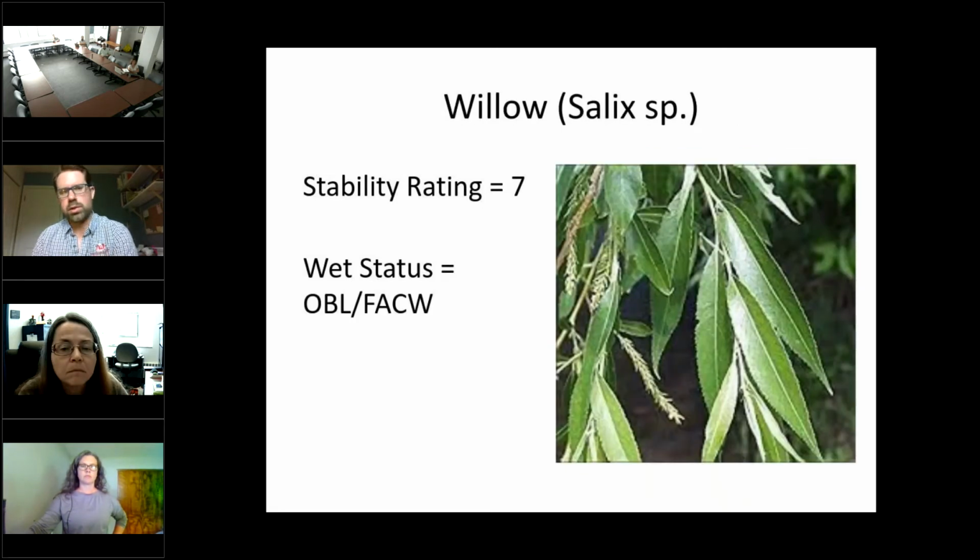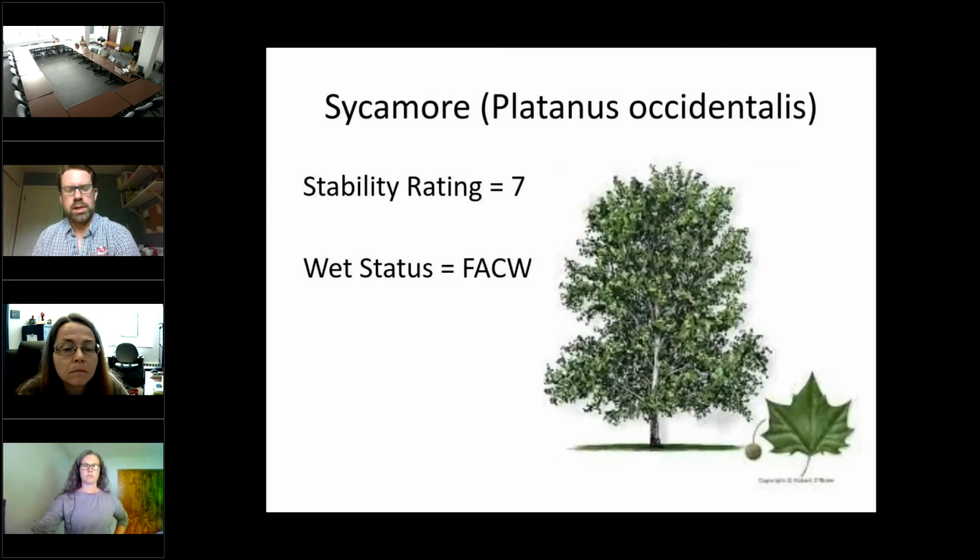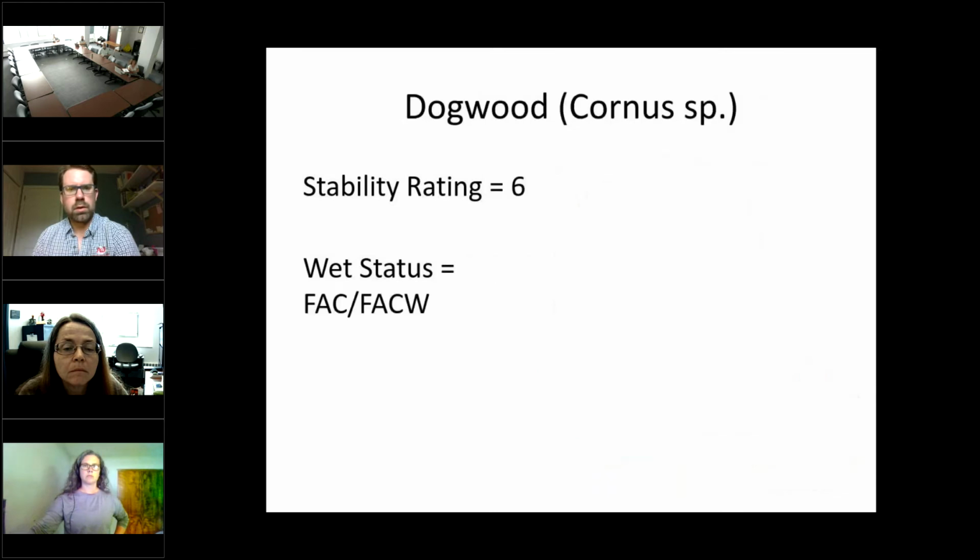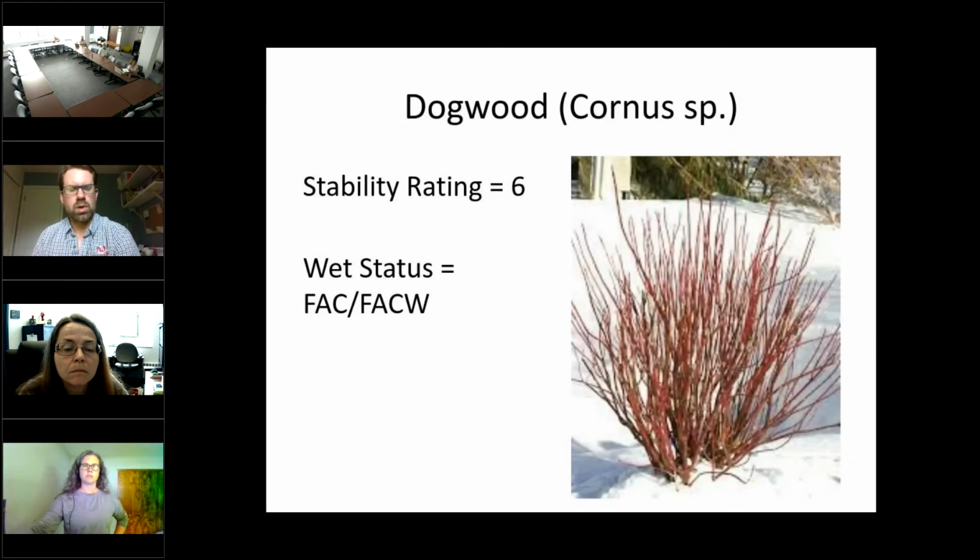All kinds of willows do really well, and their average stability rating is around 7. Sycamore, now we're getting some trees here, stability rating of 7, commonly found growing along larger stream channels. Shrubs, dogwood, this is one of my favorite landscape plants. It's a great riparian wetland plant, very diverse, and you can use this in a lot of different locations.